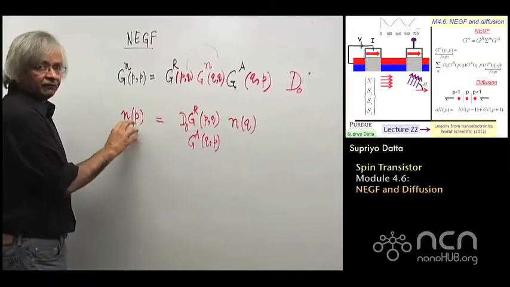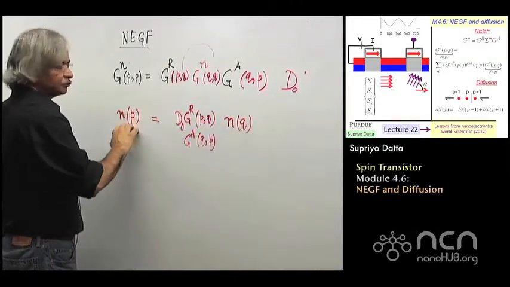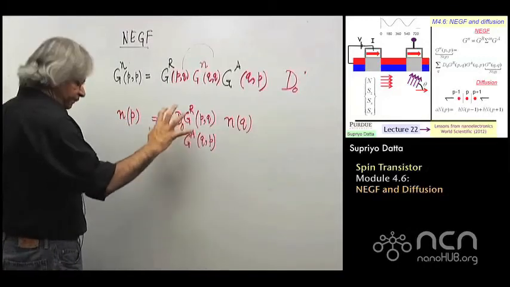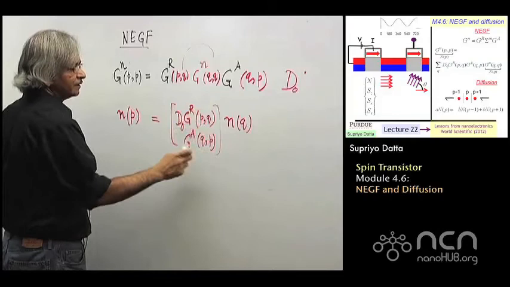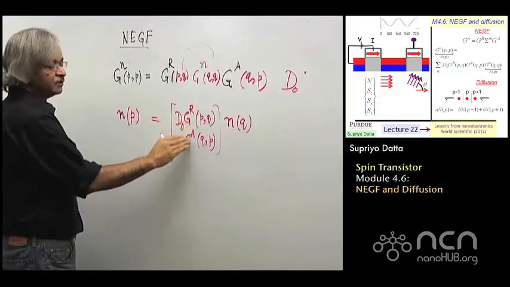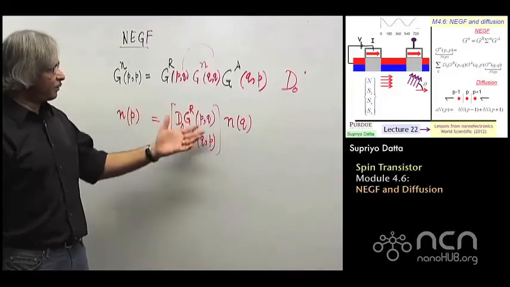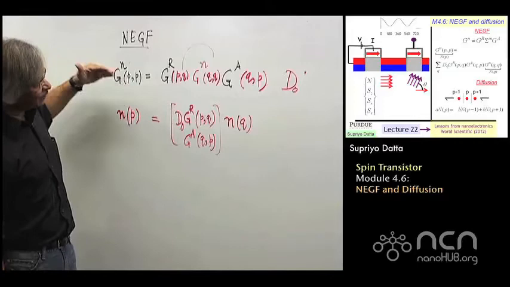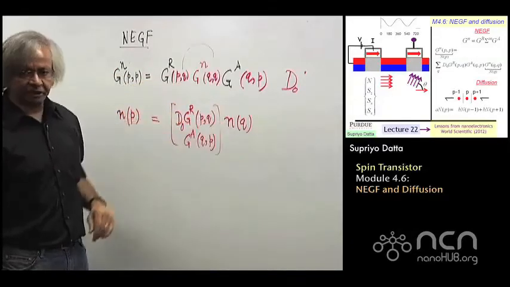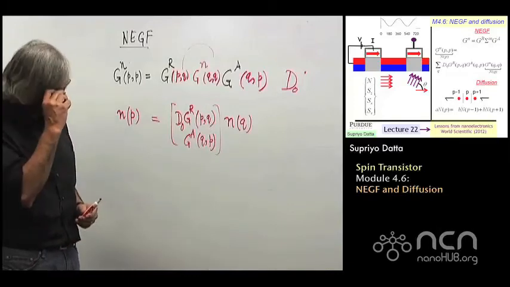It's like N of P is the electrons at Q that hopped over to P. And the fraction that hopped over is what is described by this quantity, this product of these Green's functions, which has all the quantum information in it. So the point is that starting from the standard NEGF equation, if you went to this picture, you could make it look like a diffusion equation.